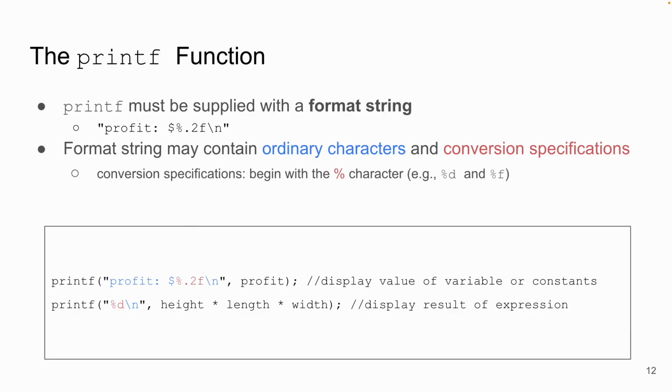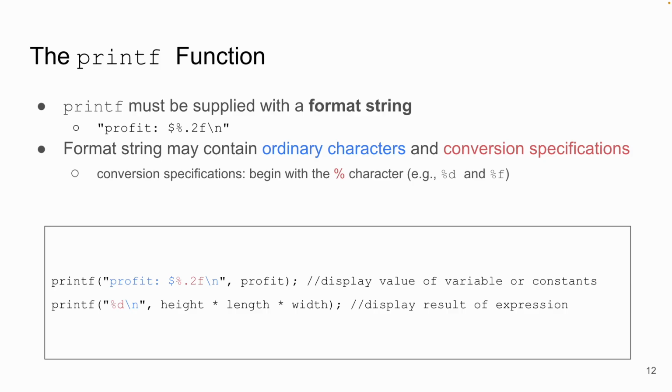The first kind is ordinary characters, which I label in blue. In the example code here, you can see I label something in blue, right? The \n, the profit, the dollar symbol here.